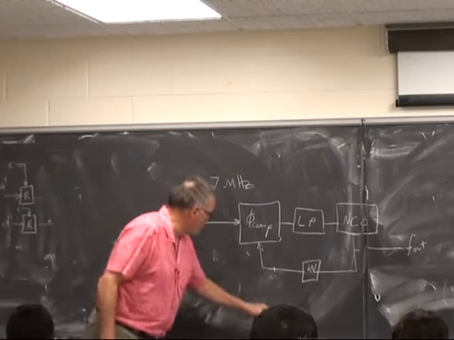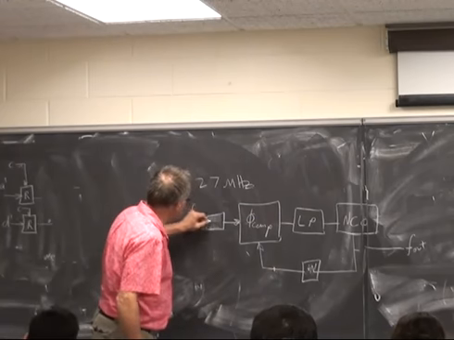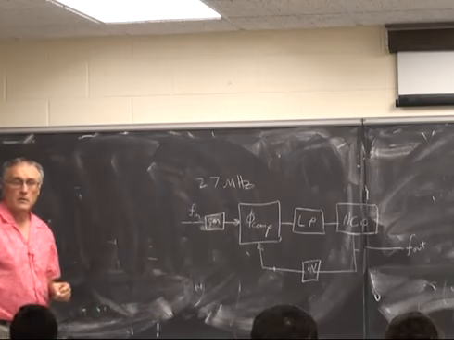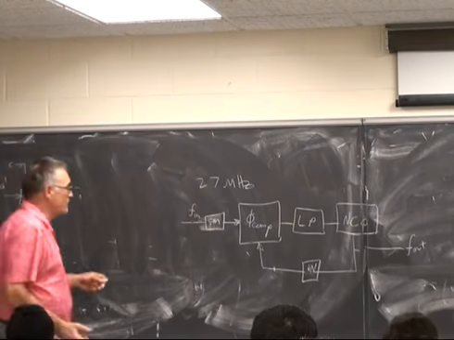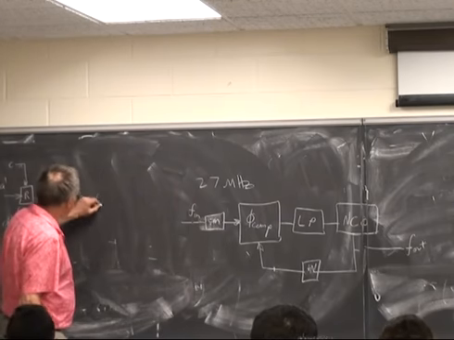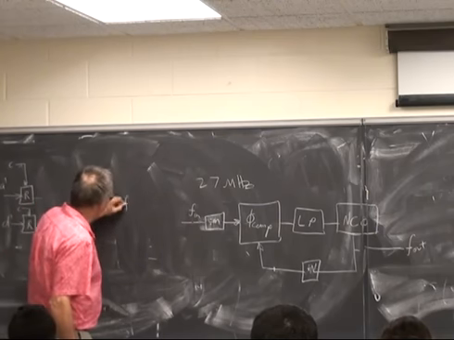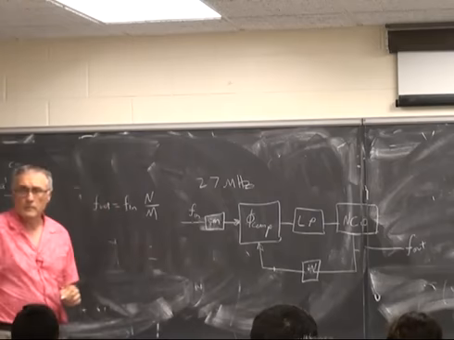But what if we did this? What if we put another division factor m here? And dividing frequencies is easy, right? It's just a counter. Then we have the interesting relationship that F out is equal to F in times n divided by m.